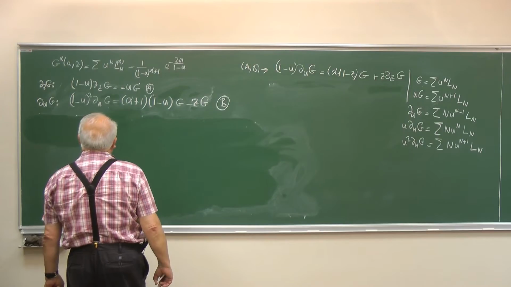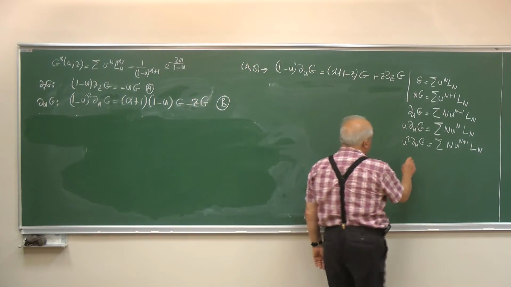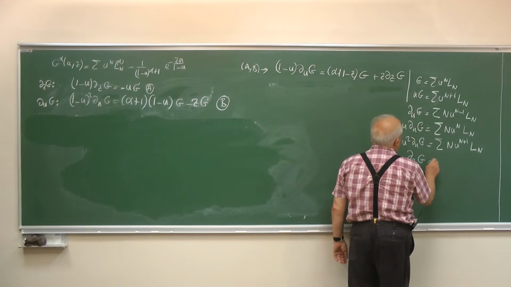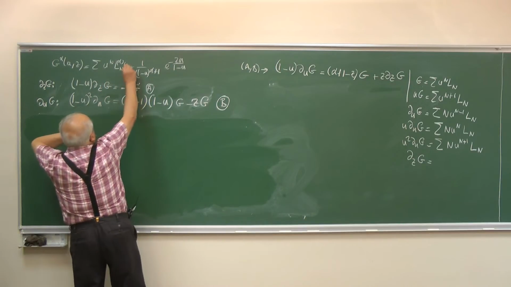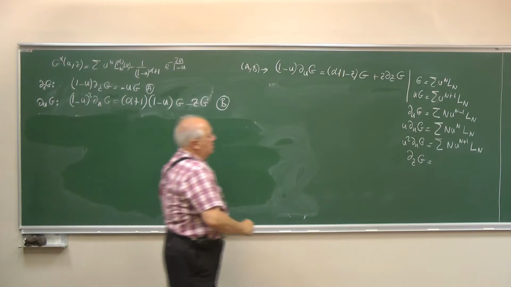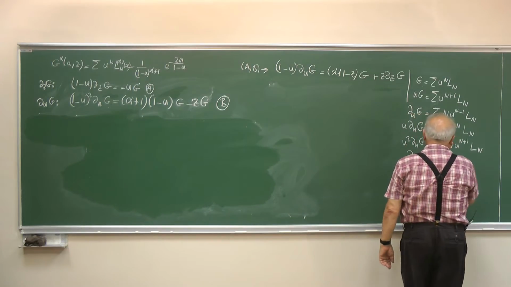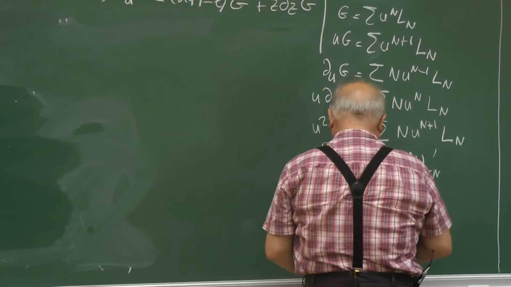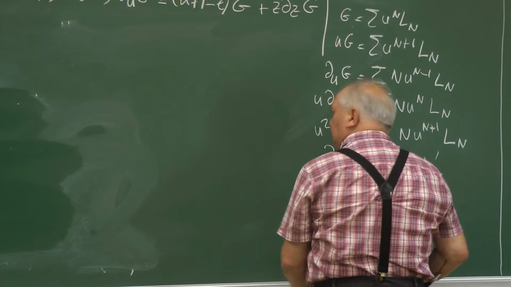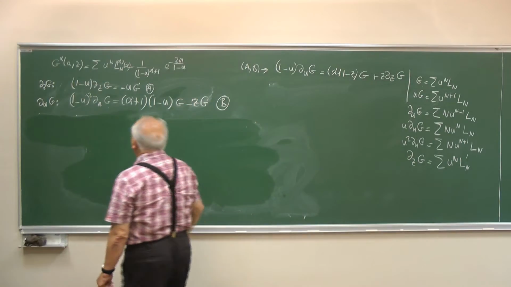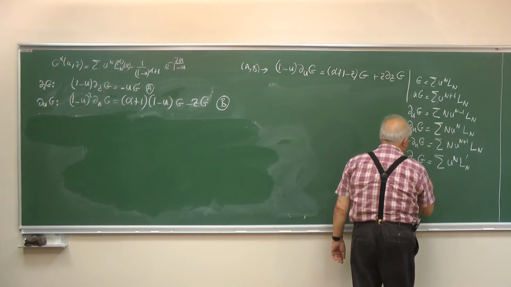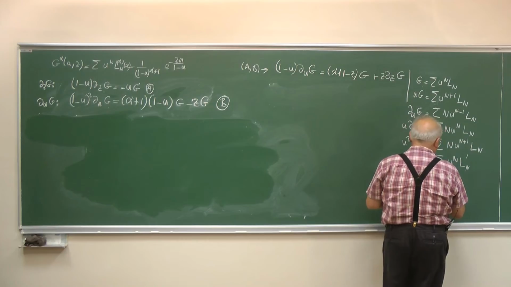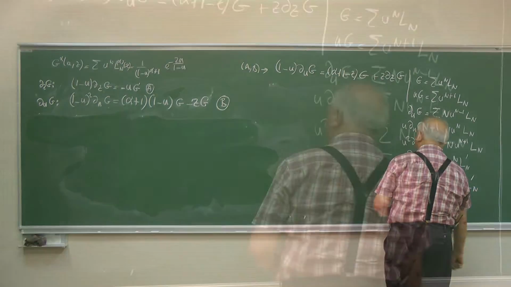Next we have d by dz of G, the derivative with respect to z of G. The part that depends on z is the associated Laguerre, so it is the derivative with respect to z of the Laguerre. Then we have u delta z G. All right.